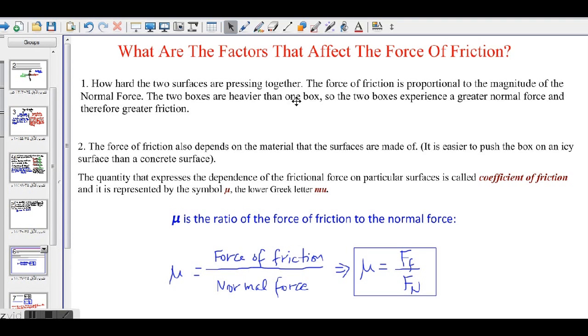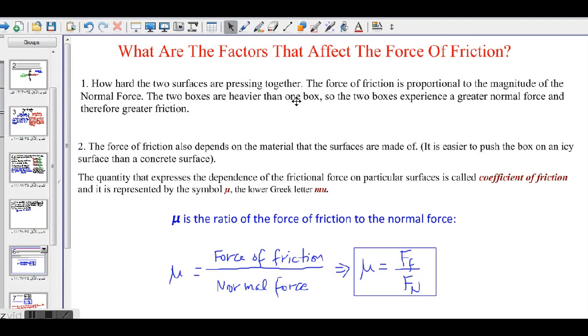And the heavier the object is, the more normal force acts on the box from the floor. Okay, so more normal force, more friction force. The friction force is proportional to the magnitude of the normal force.